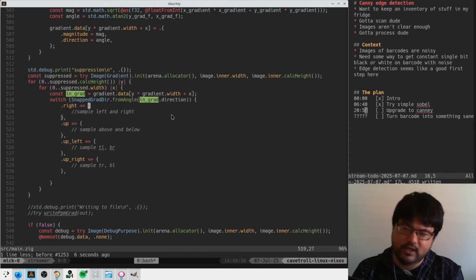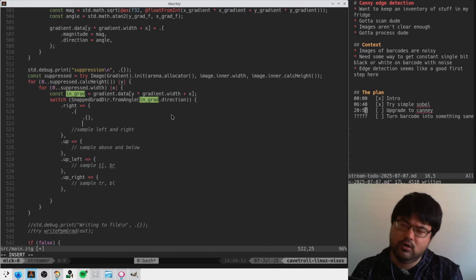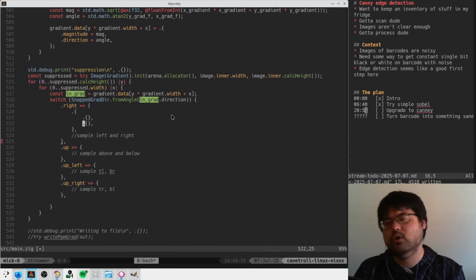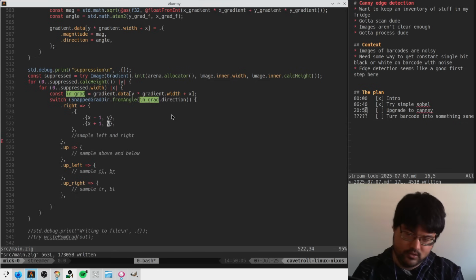So can we do like a... Yeah, let's do two coordinates. So this is like x minus 1 y, x plus 1 y.